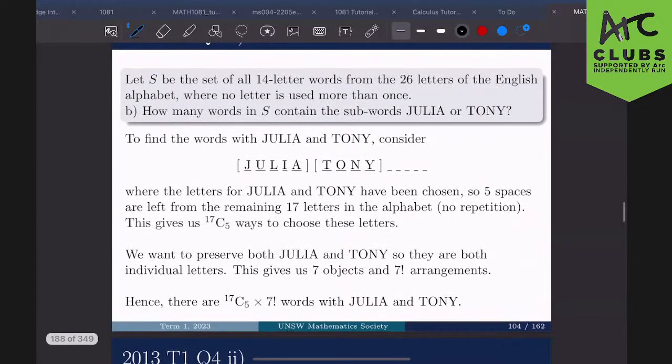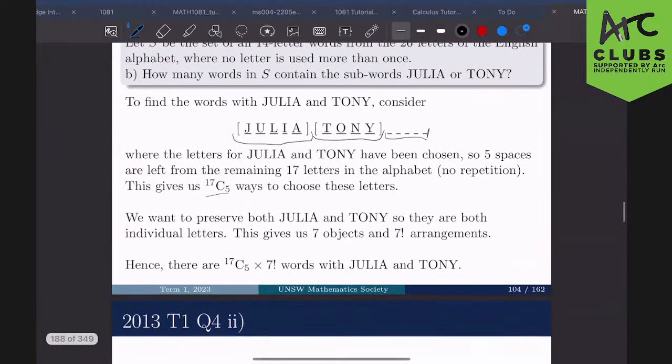And now it's a very similar thing again, we just apply it to find the intersection. We just plugged it in, same process, fill in what's left, treat each of these words as one object.